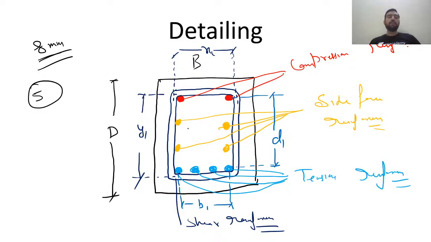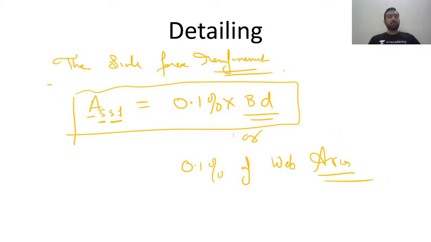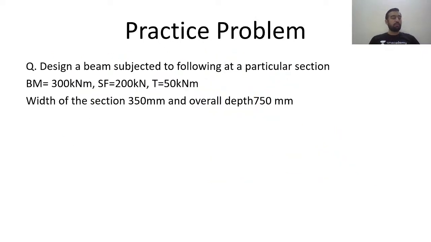You always have to provide your side face reinforcement symmetrically. So if 5 bars are coming, then simply you can make it 6, and those 6 are to be divided 3 and 3 on each face. Okay, so side face reinforcement is always to be provided symmetrically. Is it clear to you? Okay. So the rest of the concepts we will learn from this question on torsion.